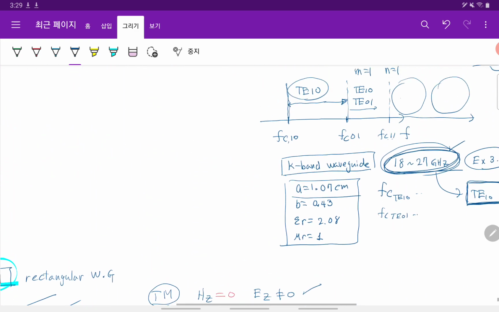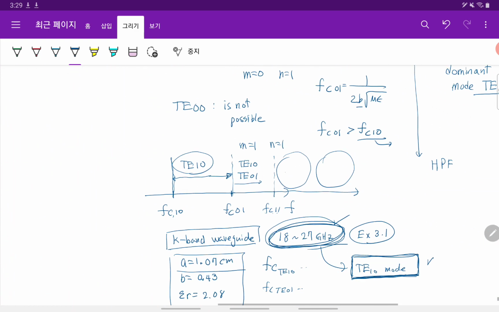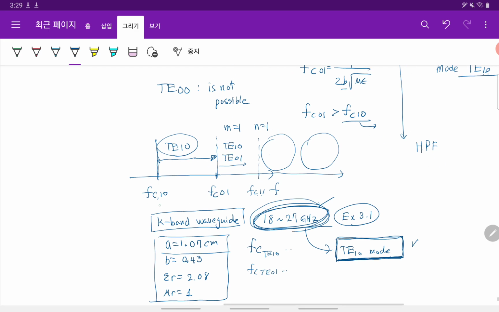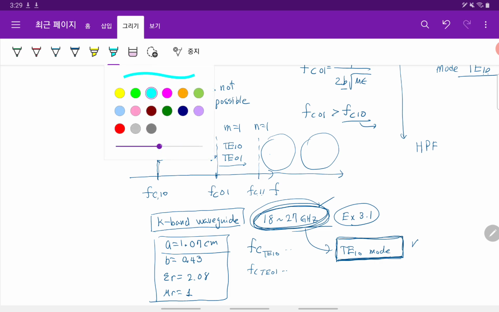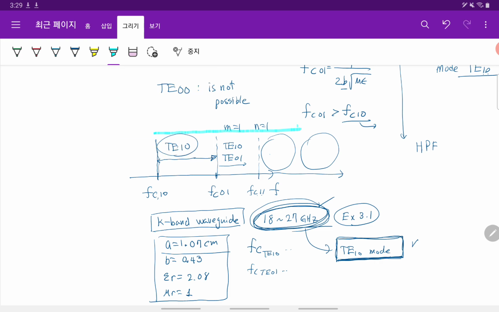So if I see, for the TE case, TE mode is possible from here to here.